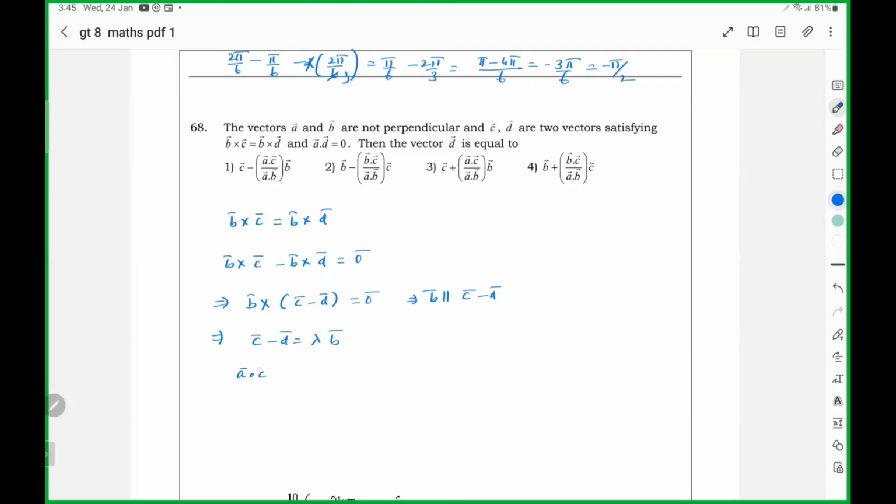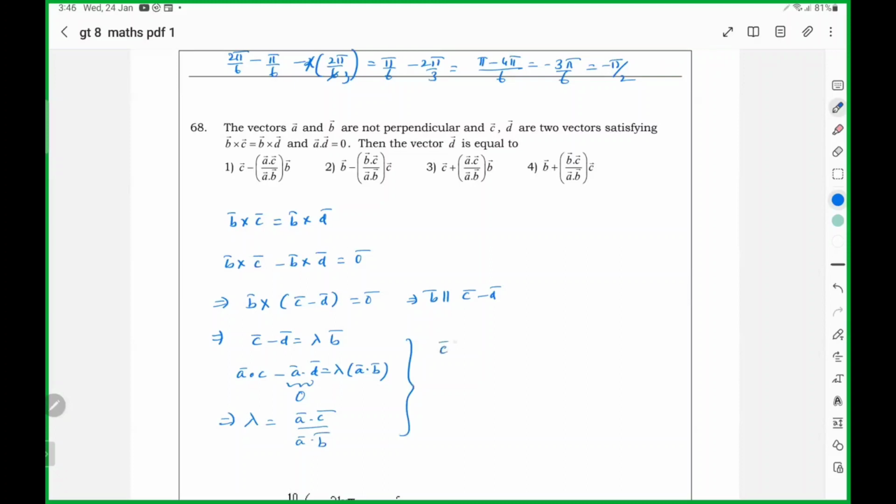So making the dot product with a on both sides, a dot d, he has given it as 0, lambda becomes a dot c by a dot b.